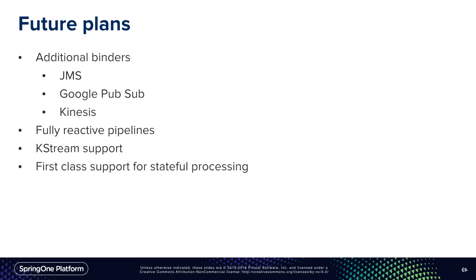Obviously, these are mostly things that we'd like to have. Contributions are always welcome. One of the goals of the past releases was to expose the model, to have a model that's easy to extend and let the community come up and contribute. The other thing that we'd like to have is fully reactive pipelines.